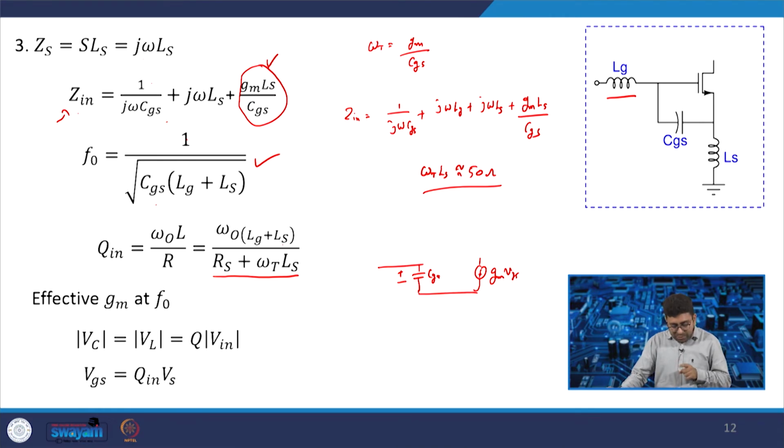If we want to find the voltage across the capacitor or the voltage across the inductor during resonance, it is nothing but Q times V in. So that is why it is Q times V in. The Vgs is equal to Q in into Vs.